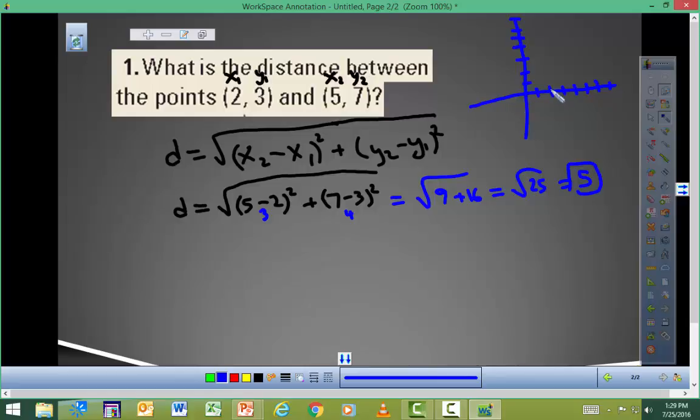So basically 2, 3 would be right about here, and 5, 7 would be over here or so. And what we found was this distance, that distance from here to here.